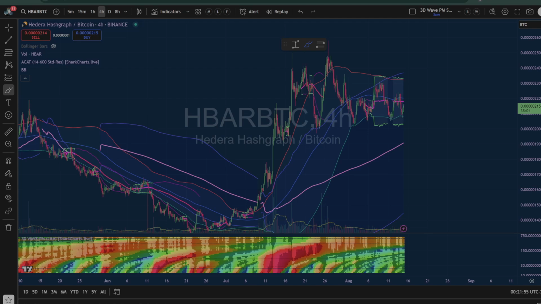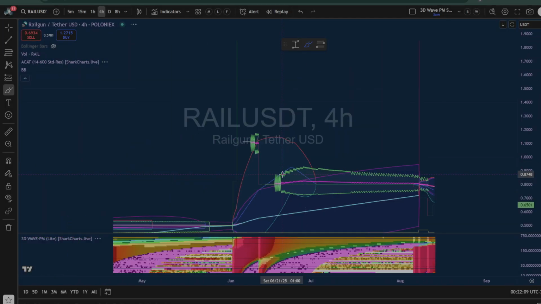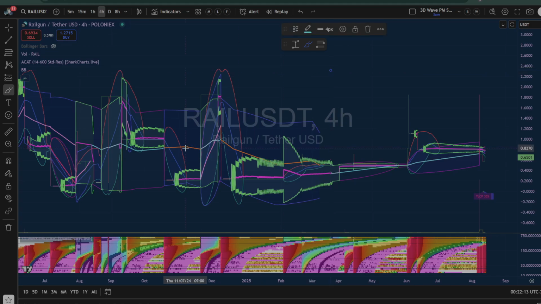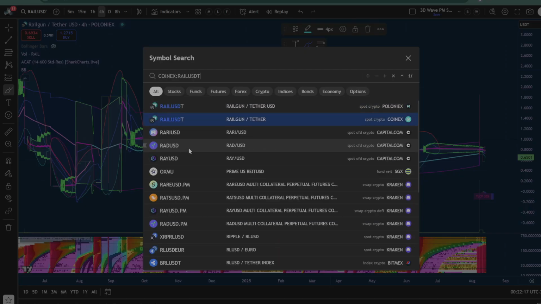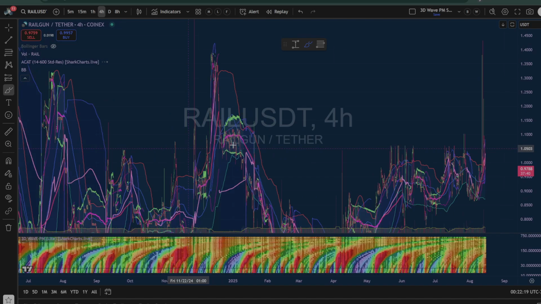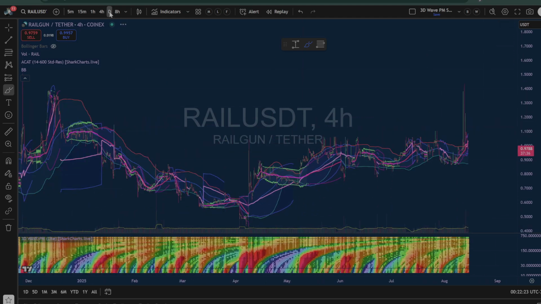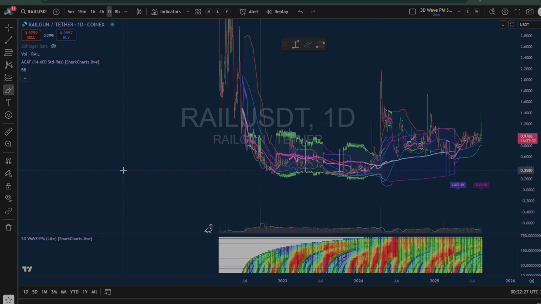Railgun. Okay. I don't know what that is. Railgun. Yep. Nope. Absolutely not. There we go. This looks low volume.